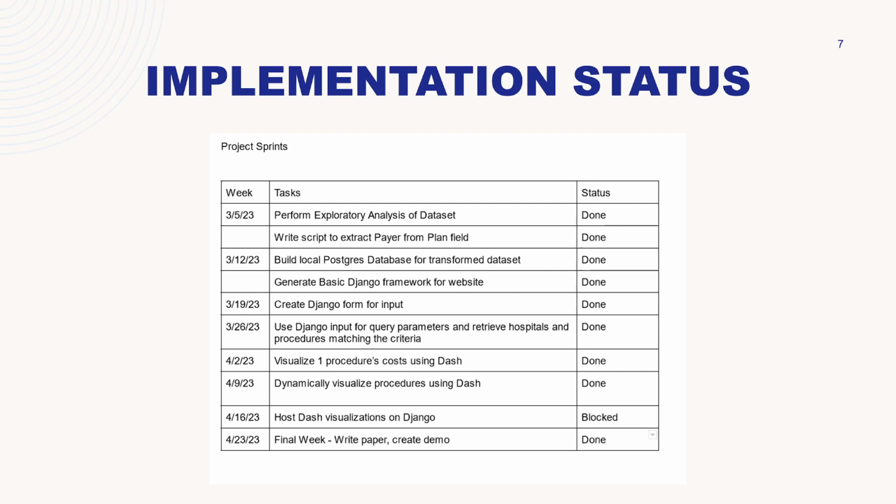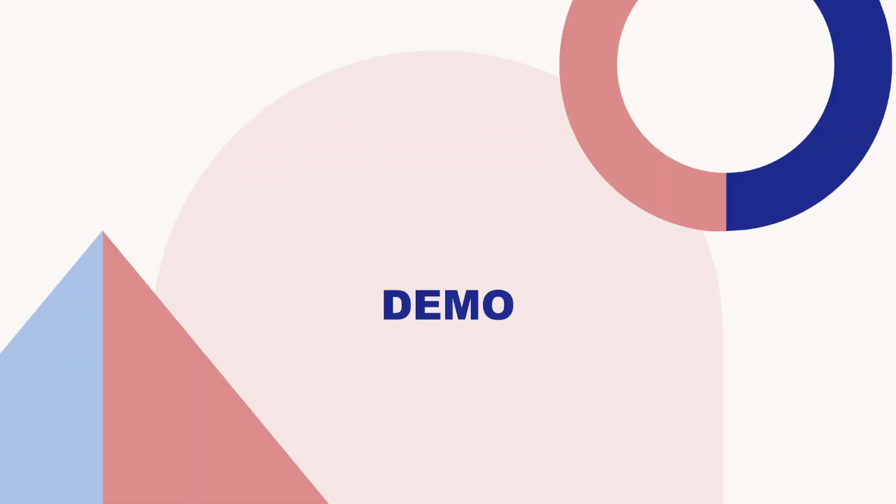It's just that they aren't housed under the same website. And my project is not deployed anywhere, so a perfect next step would be deploying this somewhere and also incorporating those two. I'll talk a little bit more about why that happened later. So, on to the demo.